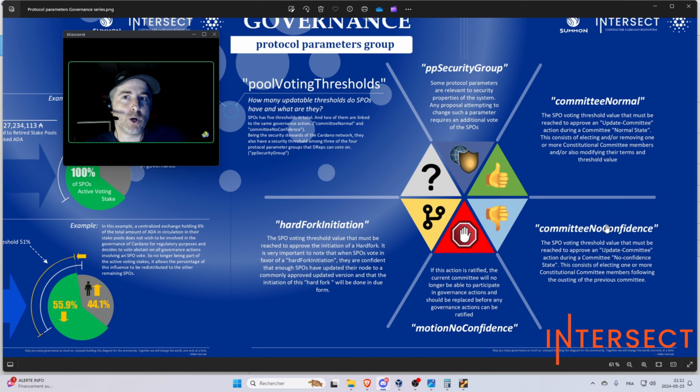But as an SPO, I can tell in my DRep rationale, I am the SPO of Able Stake Pool, and I commit to vote abstain on all these three, or could be four, but I'm just going to say these three, because that's something else I'm going to talk about a little bit. I'm going to abstain on all these three as an SPO, but actively vote on those as a DRep.